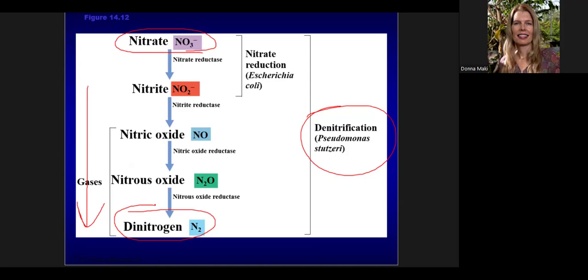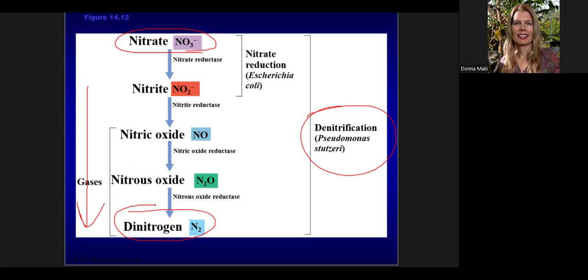Nitrate's a very important compound to microbes as well as plants. I told you last time, plants love nitrate. So denitrification means you're taking nitrate and making it change all the way down to dinitrogen. And then if you just say nitrification, you mean you're making nitrate. And I'll show you that.